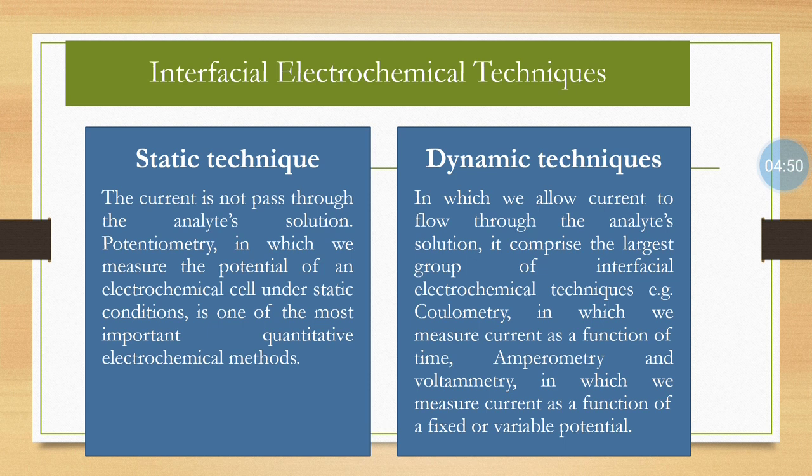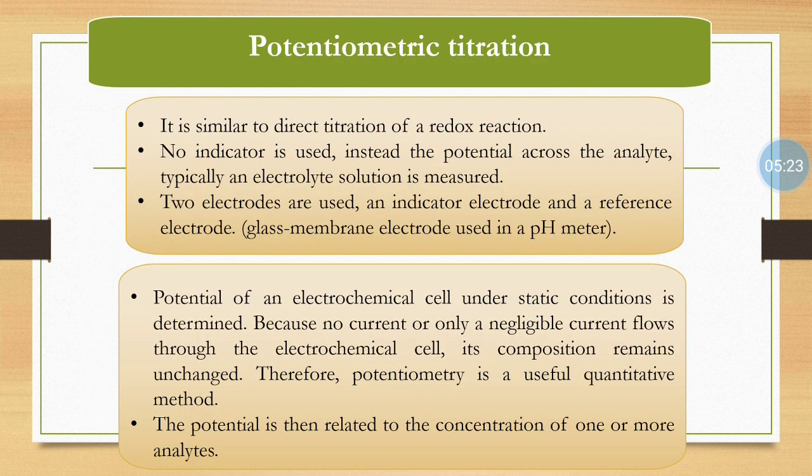Whereas in dynamic techniques, we allow current to flow through the analyte's solution. It comprises the largest group of interfacial electrochemical techniques such as coulometry, in which we measure current as a function of time, and amperometry, in which we measure current as a function of a fixed or variable potential.